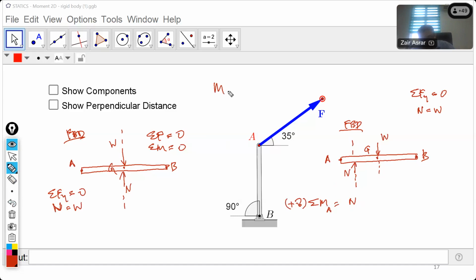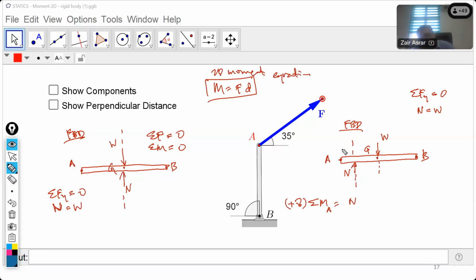Our moment equation is F times D. So bear in mind, force times distance. Distance is from the line of force towards the point of moment. Since in this case we are talking about point A, the force that we are referring to now is N. So the line of force of N towards A will give us our D. So what is our D?